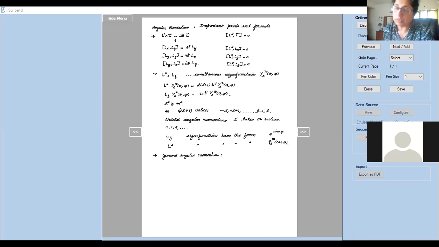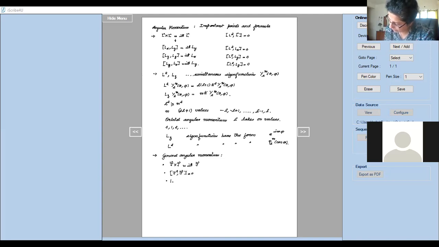So what are the rules here? The key rules are again your commutation laws, which I will just write down now as J cross J is equal to i h cross J, and of course your J square commutator with J equal to 0.